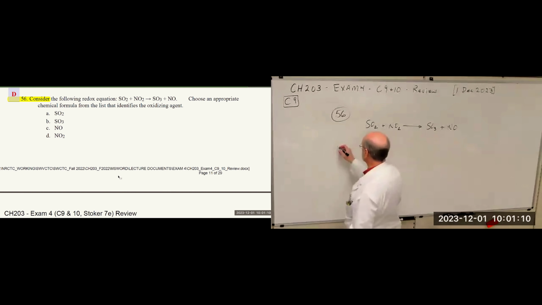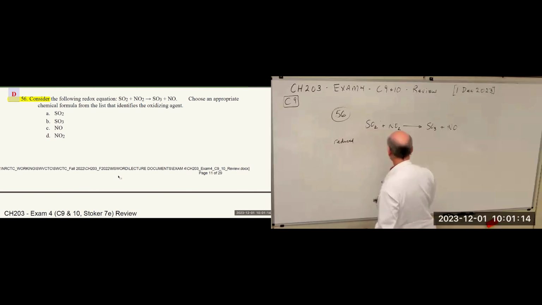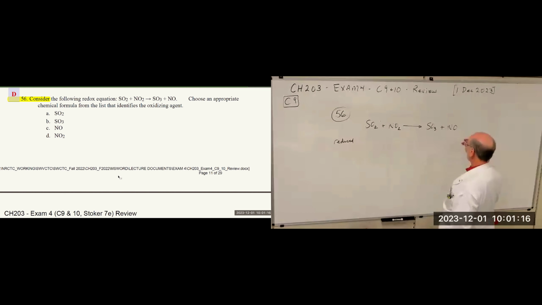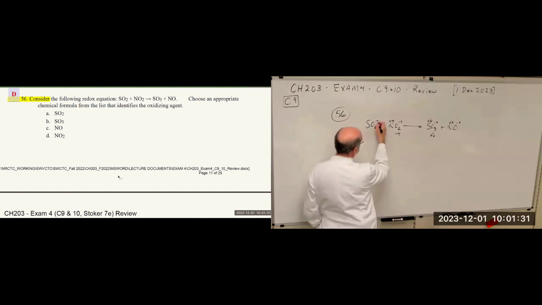So which one is reduced? That's the oxidizing agent. All right, so this is -2. That means this is +2. -2, -6, that's just +6. This is -2, which is -4 there, +4 there, and -2 here, -4, +4.